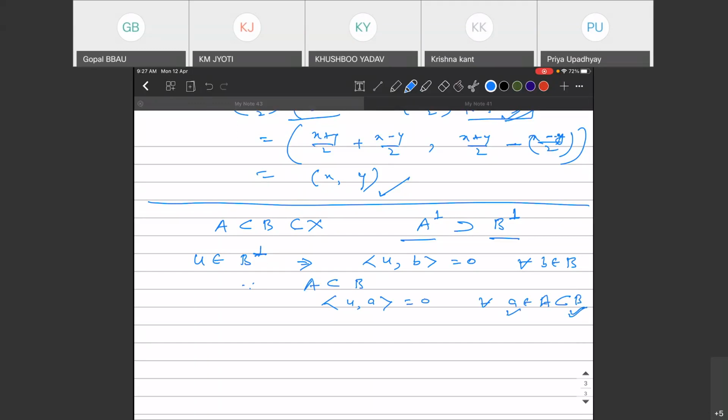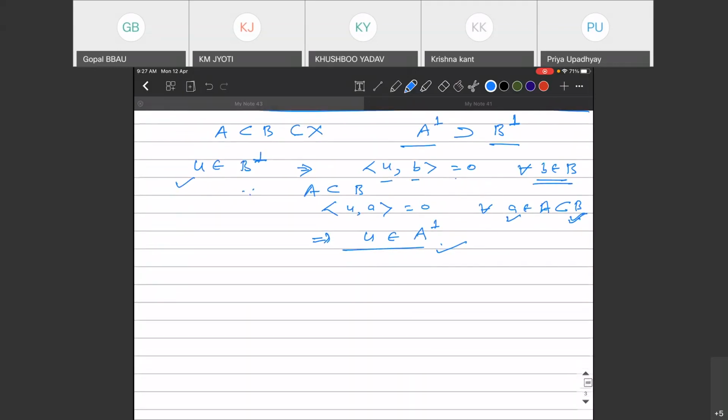A always sits in B. Therefore, from this fact, (u, a) is 0, which means u is in A perp. So whatever element you take in B perp, you get that element in A perp as well. Do you see this?